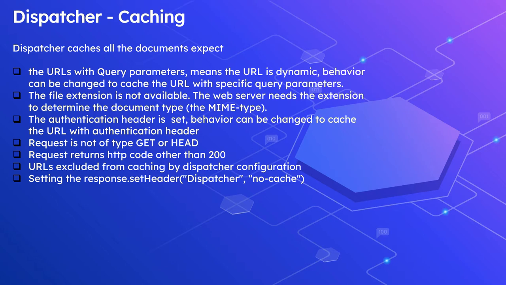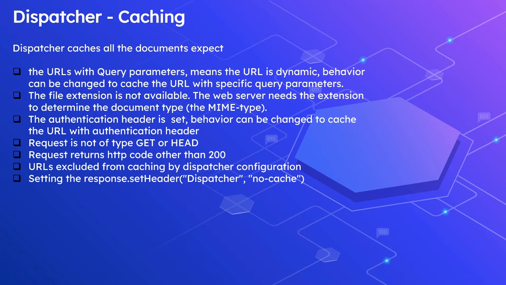Then, if the authentication header is set, if you enable authentication for a website, that content will not get cached. But again, the behavior can be changed to cache the URL with the authentication header. The next one is when the request is not of type GET or HEAD. For example, if it is a POST, the URL will not get cached. Also, if any URL returns an HTTP code other than 200.